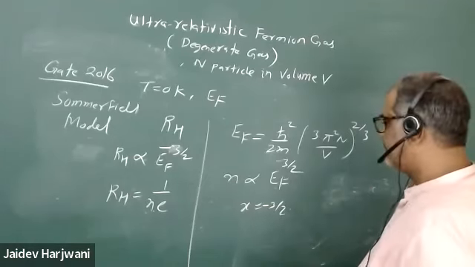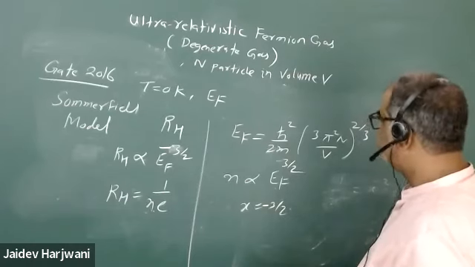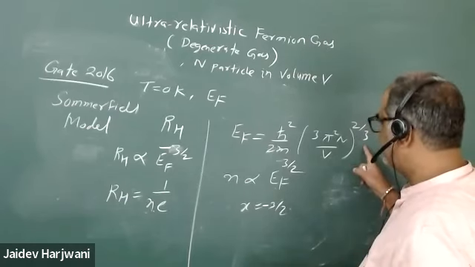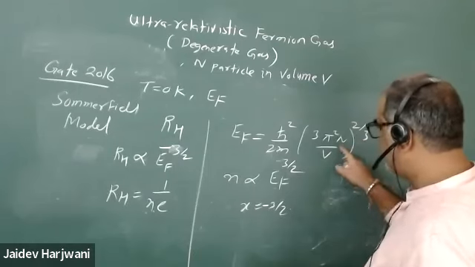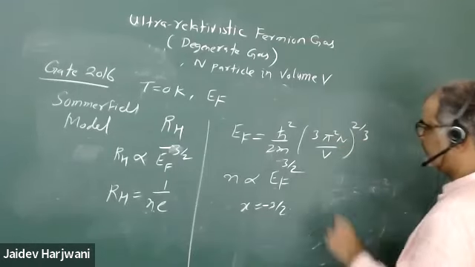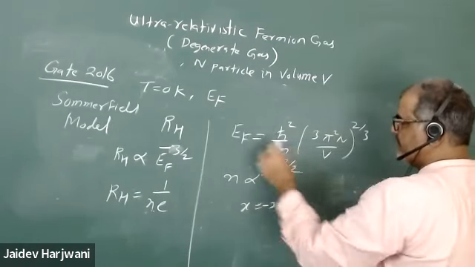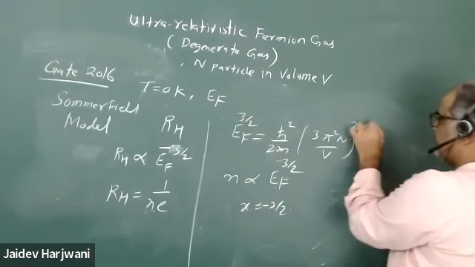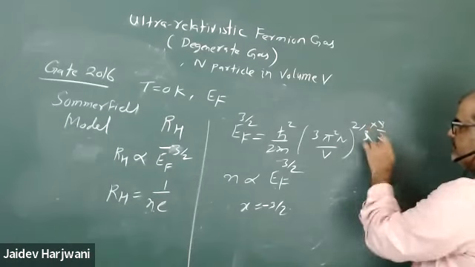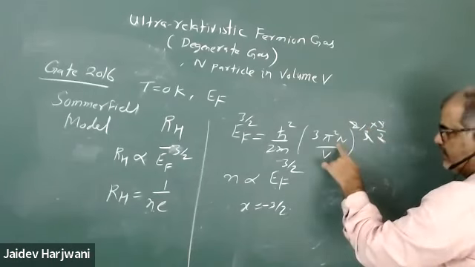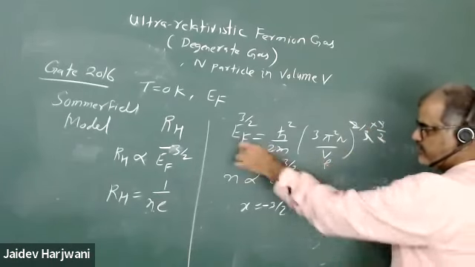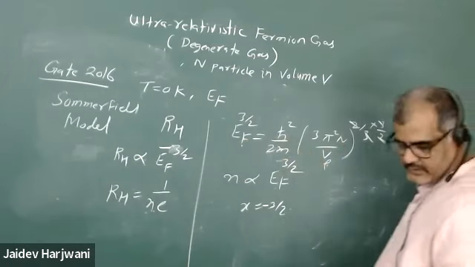In the formula we have 2 by 3 now, sir. But you want the number density, so you have to multiply by the power 3 by 2, then only it will become 3 by 2. So 3 cancels, 2 cancels. Now you have this density proportional to E power 3/2. Okay, sir.